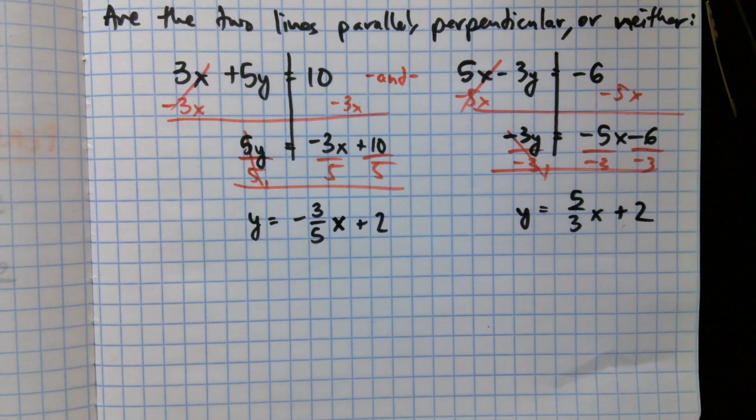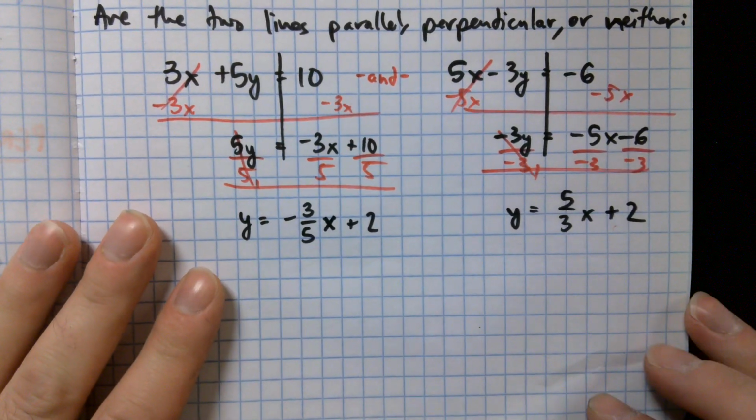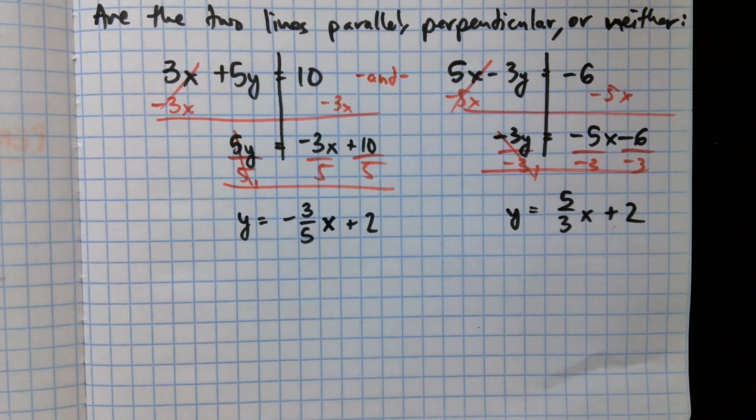Good. They're definitely perpendicular. How could I tell they're perpendicular? Because they intersect? I don't see a graph, so I have no idea if they intersect. Matthew? They're opposites. What do you mean by that? The numbers are inverse. Closer. Michelle?